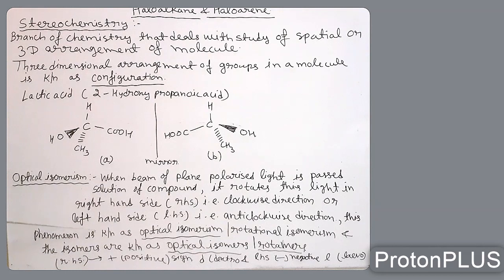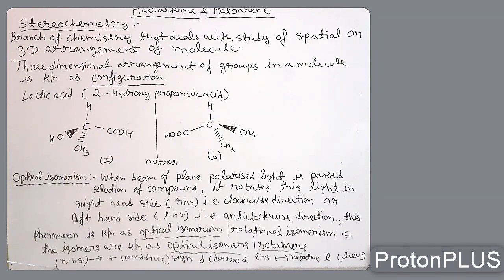This phenomenon is known as optical isomerism, and the compounds or isomers are known as optical isomers, also known as rotamers, or optical isomerism can also be named rotational isomerism.